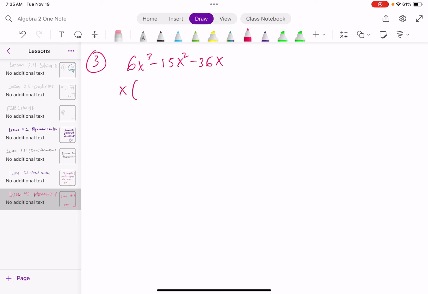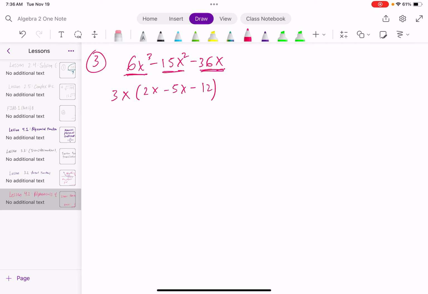So you're going to take out a, I know all of them are divisible by 3, so I could take out a 3, and there's an x everywhere here, so I'm going to take out an x. If I divide the first one by 3x, I get 2x squared. Divide the second one by 3x, I get negative 5x. Third one by 3x, I get negative 12.